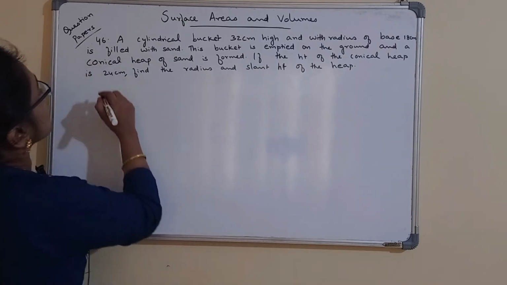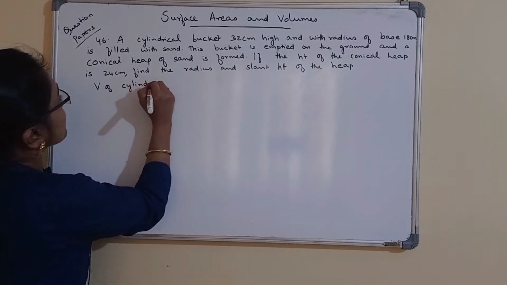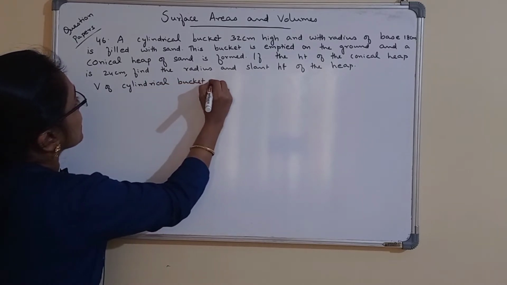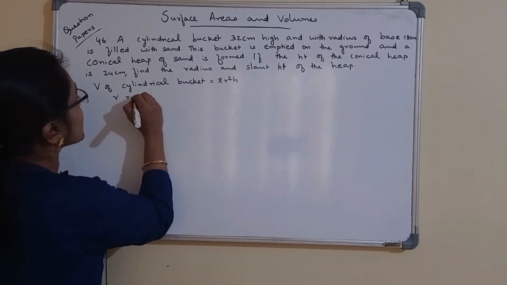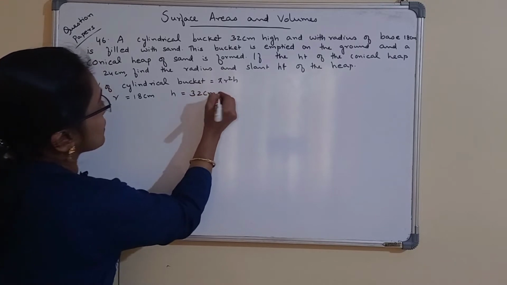So, volume of cylindrical bucket is equal to pi r square h. Here r is equal to 18 centimeter and h is equal to 32 centimeter.